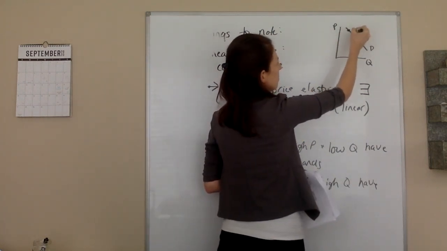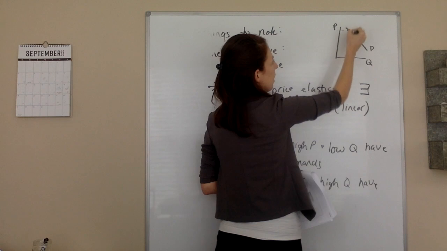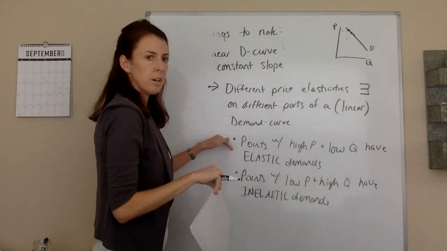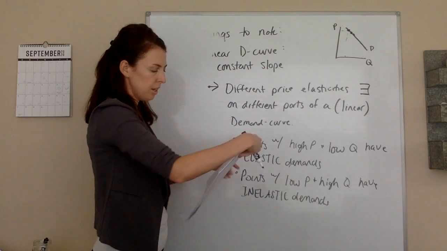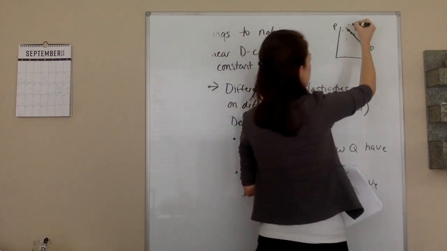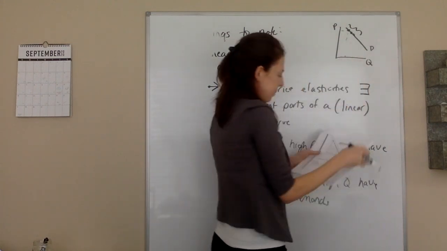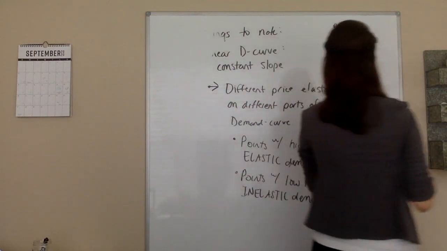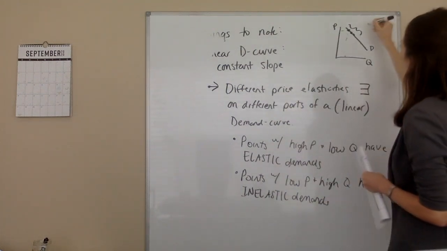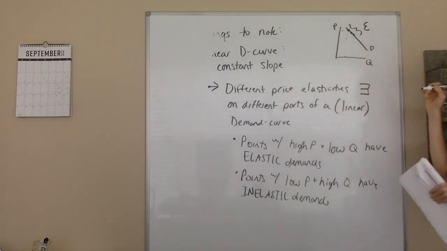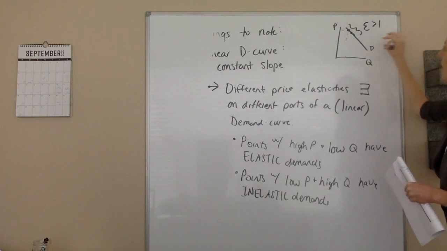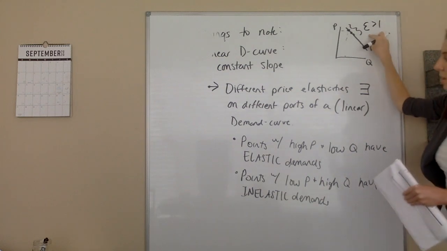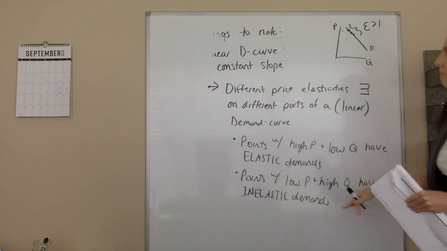So for dots around here, the price is kind of high, quantity is kind of low, so we're in this world. What is going to be true up here is that the elasticity is going to be larger than 1. So again, we're going to put epsilon for elasticity is going to be larger than 1. If you have an elasticity that's larger than 1, that means you're in the world of an elastic demand.